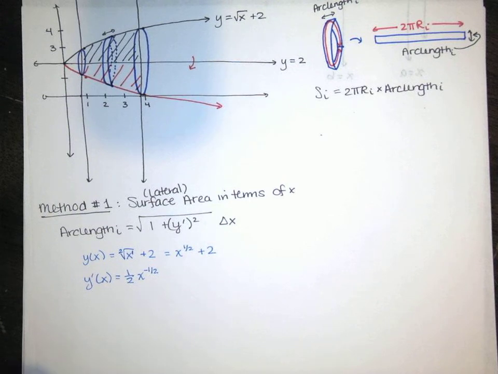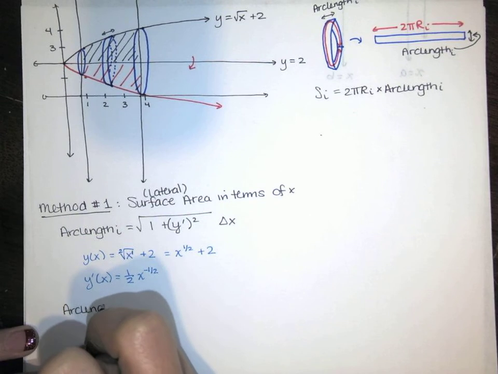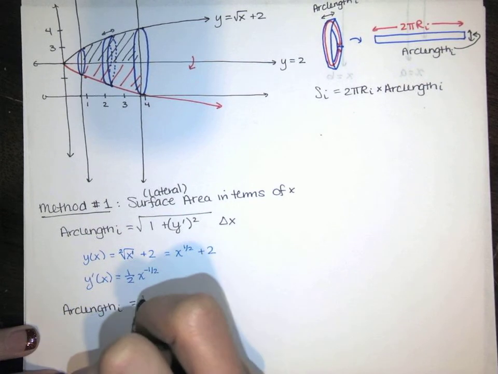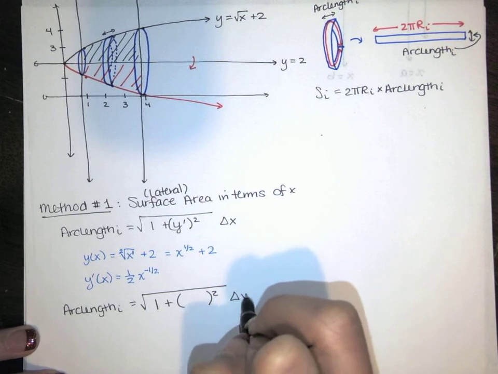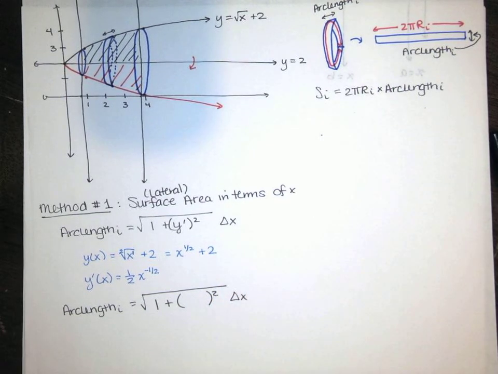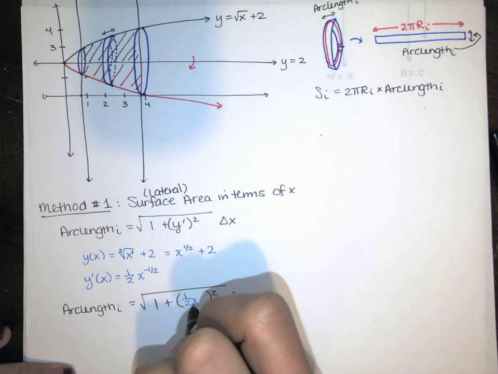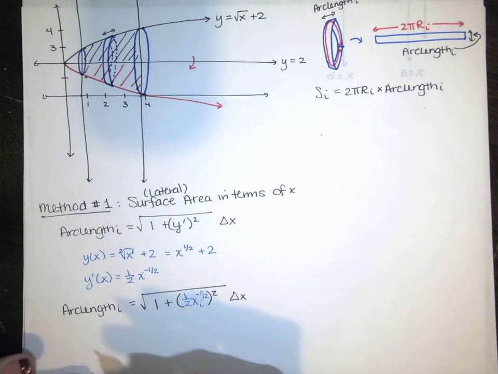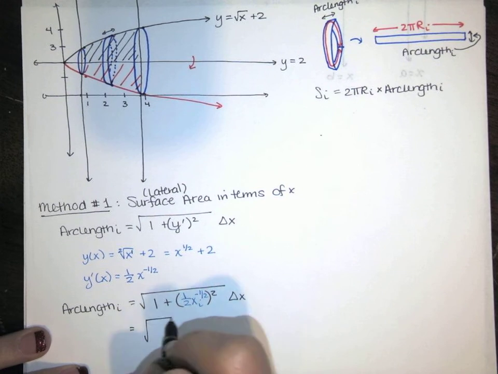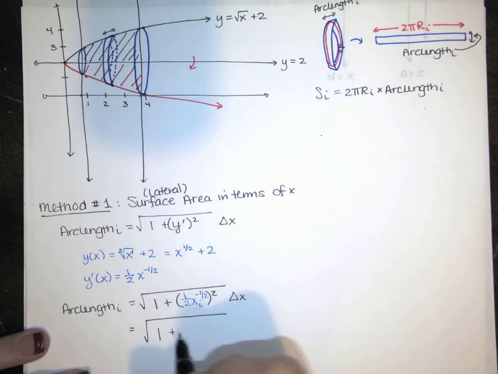So we can substitute that in, and I'll simplify a little bit. That negative 1/2 power means I've got an x to the 1/2, but in the denominator.